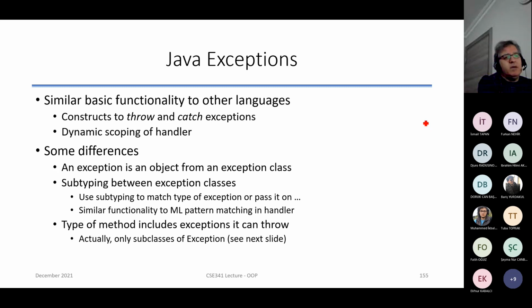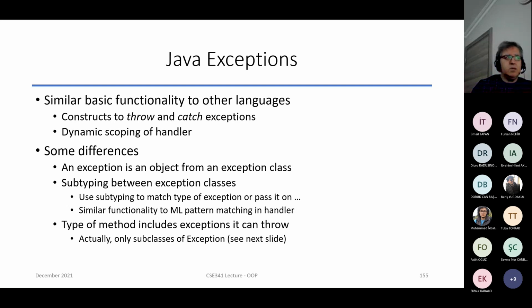Another type that we have in Java is exceptions, and this has similar basic functionality to the other languages. You have a construct to throw and catch exceptions, and you have dynamic scoping of your handler. Some specific things that Java does: an exception is an object from an exception class.